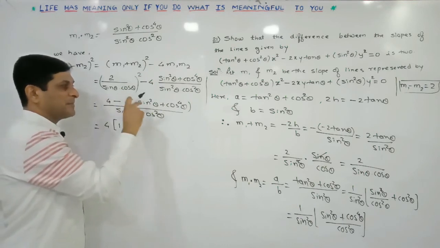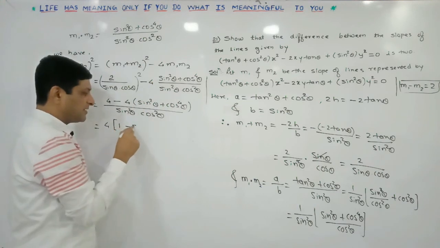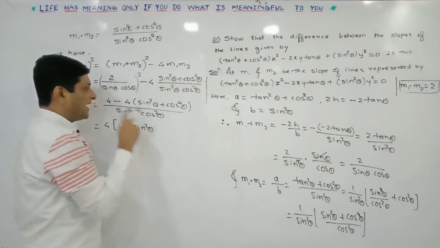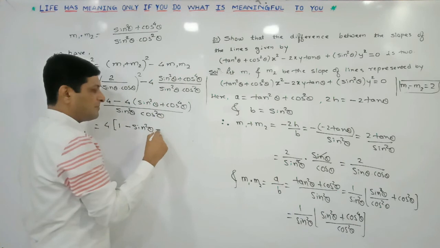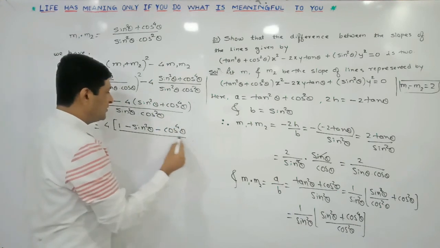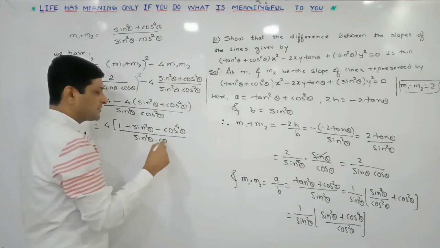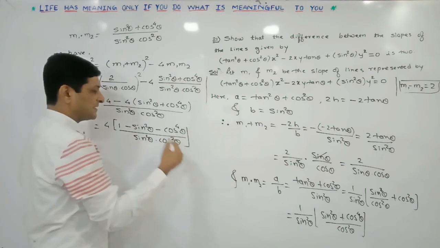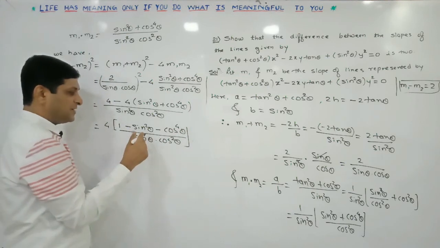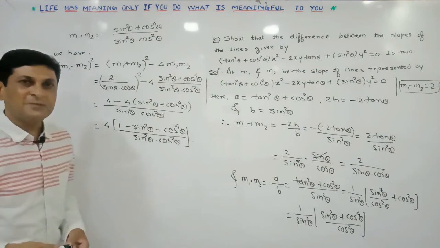Now I am multiplying by minus to both the terms in this bracket. So minus into sine square will become minus sine square theta, and minus into plus will become minus cos theta raised to power 4. In the denominator, write sine square theta into cos square theta as it is. Once these values are substituted, the remaining part is just simplification.